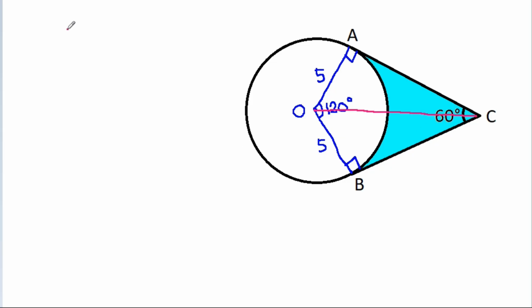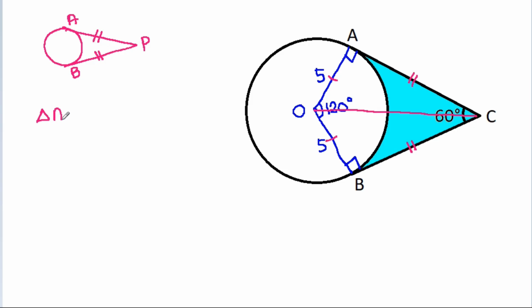Then in any circle, from point P, if we draw two tangents to the circle, PA and PB, then PA will be equal to PB. So here CA will be equal to CB, and AO is equal to BO, and CO is common.